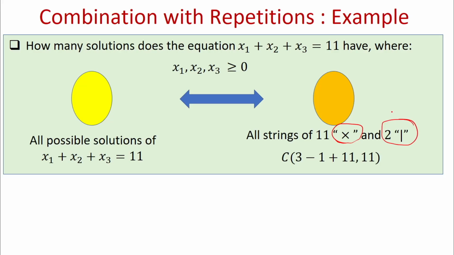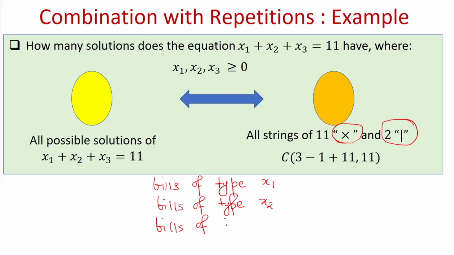This is because you can interpret this problem as follows. You have bills of type x1, bills of type x2, and bills of type x3. Your goal is to pick a total of 11 bills. You can pick all 11 bills of type x1. That's one possible solution, which corresponds to x1 being 11, x2 being 0, and x3 being 0.